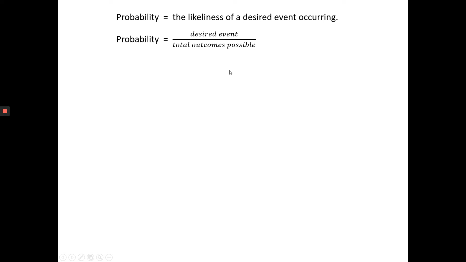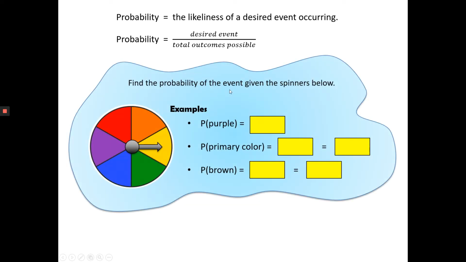So the first example that we're going to take a look at is spinners, just kind of like from a board game. It says here to find the probability of the event given the spinners below. This is going to be the first spinner. P and then purple in parentheses just means what's the probability of getting purple on this particular spinner.